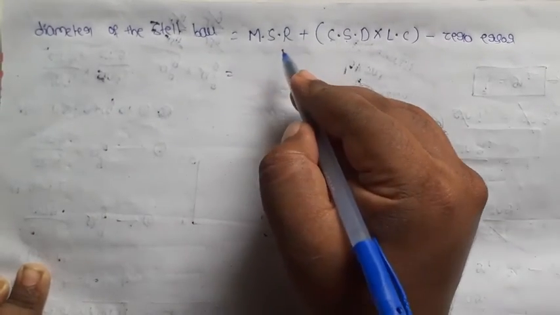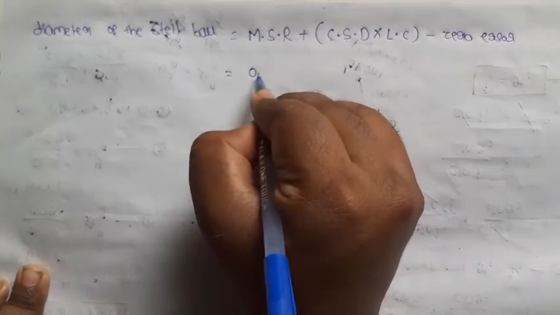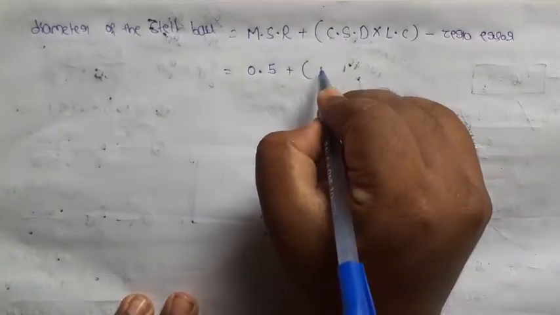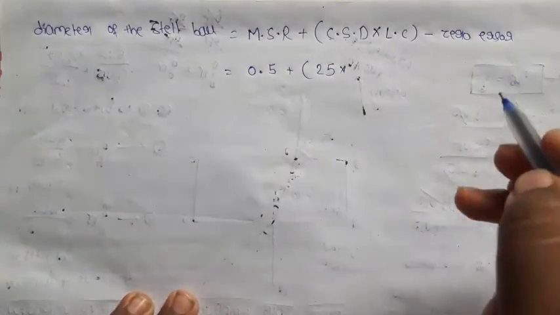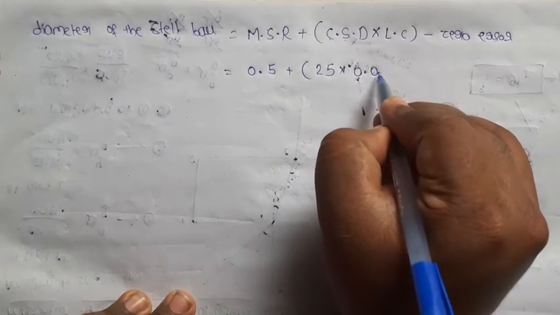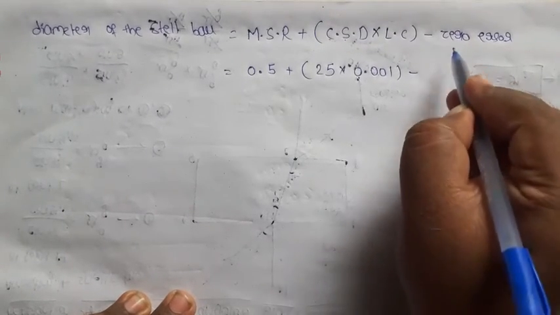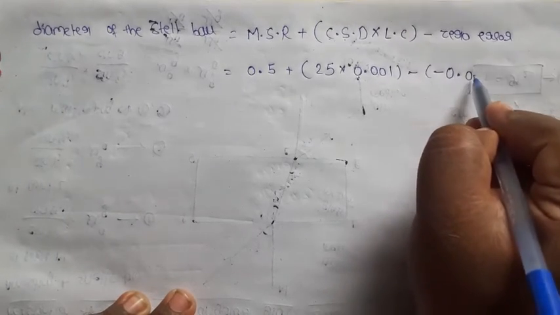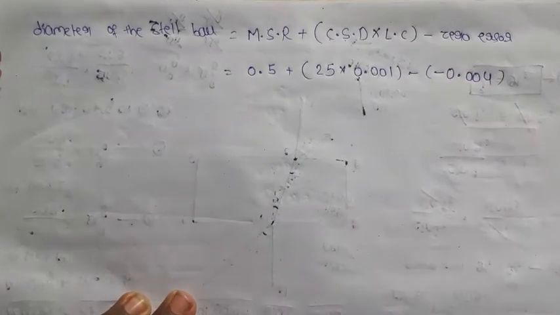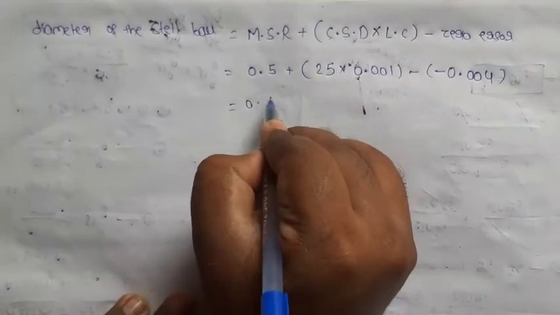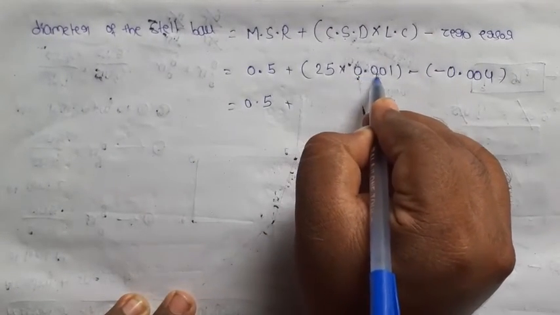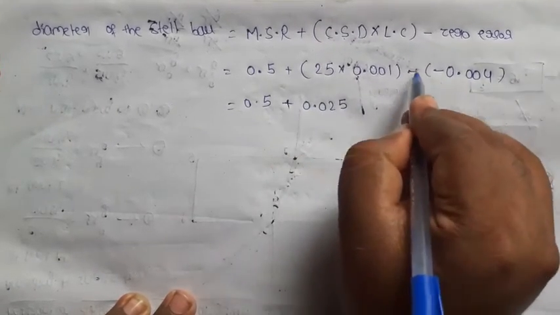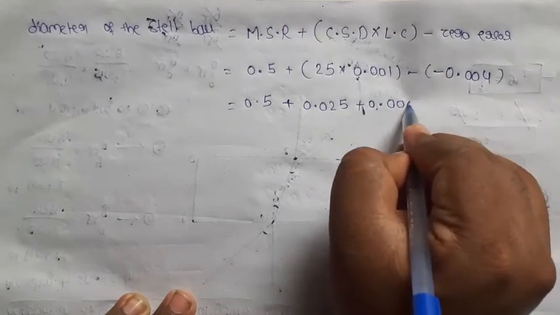We know that main scale reading is 0.5 centimeter. Next, circular scale divisions 25. Least count is 0.001. Minus error is minus here. Zero error value is minus 0.004 centimeter. Equal to 0.5 plus 25 into 0.001, multiply that value, 0.025, minus into minus plus 0.004.